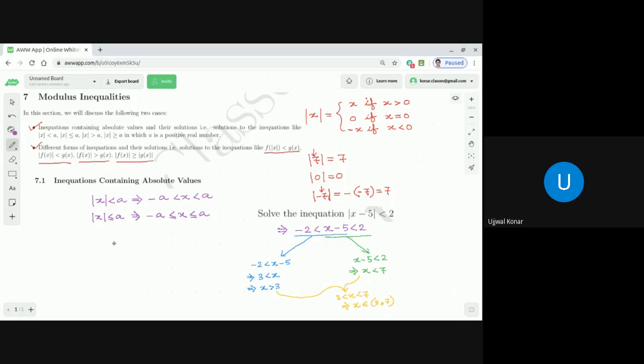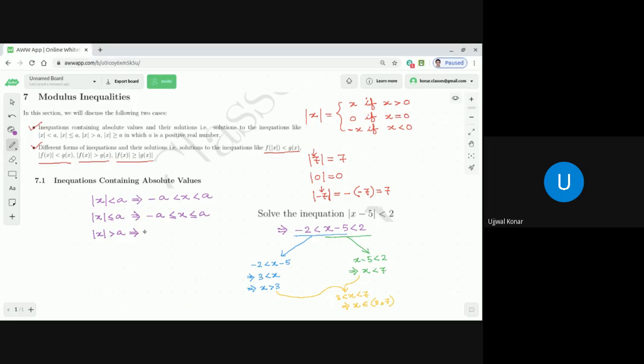Correct, no? Clear or not clear? Absolutely clear? Yes. Okay.